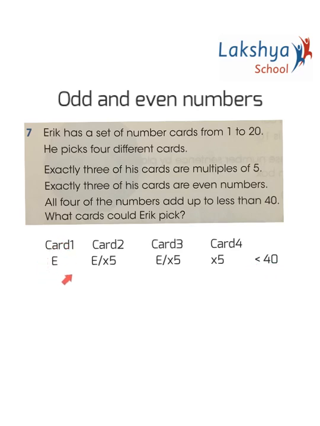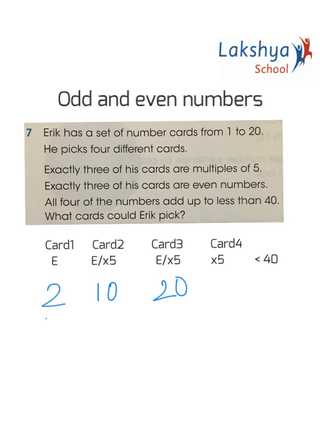Over here the first number has to be even. Card 2 has to be a multiple of 5 and even, and card 3 also needs to be a multiple of 5 and even. So the two possible numbers would be 10 and 20, which are multiples of 5 and even. So what would be this card over here? Card 1 would be an even number, so let's choose any even number, say 2.